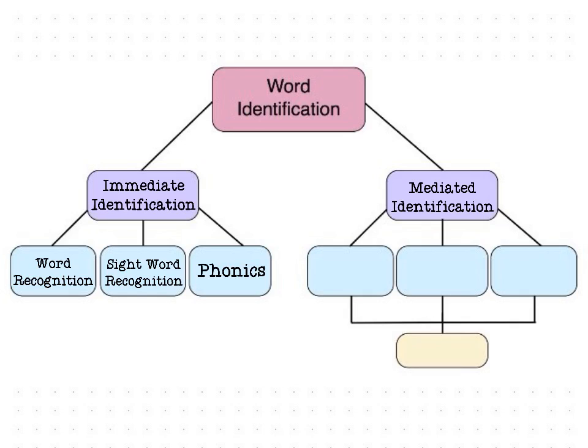Sight word recognition is very much related to word recognition, but sight words are high frequency words. And there are lists of the top 100 words we encounter when we read, the top 200 words, the top 300 words. And when students have these in place, these are the filler words, or the words they'll see time and time again in stories.